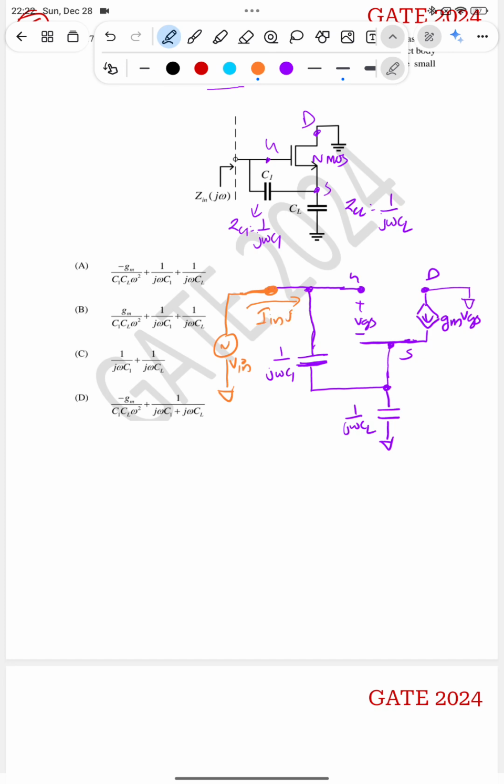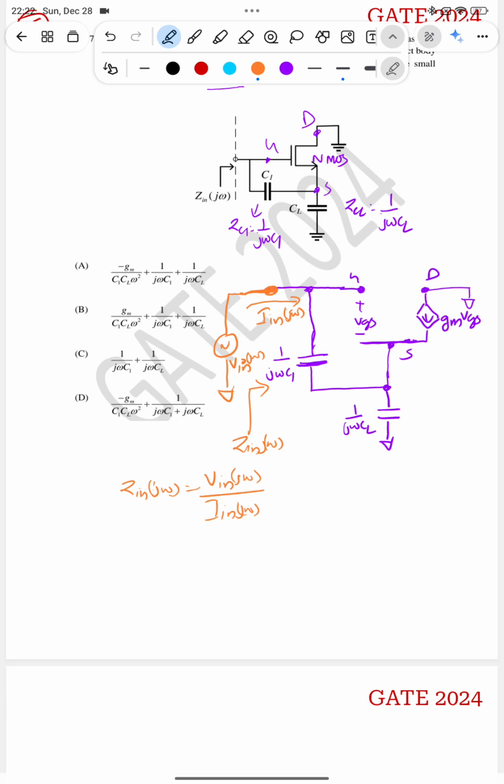So Z in of j omega will be equal to the voltage applied, V in of j omega, by I in of j omega. So this is how we find the impedance.